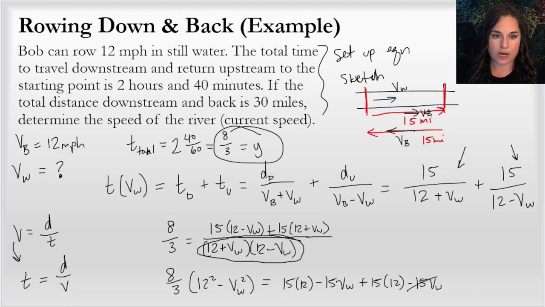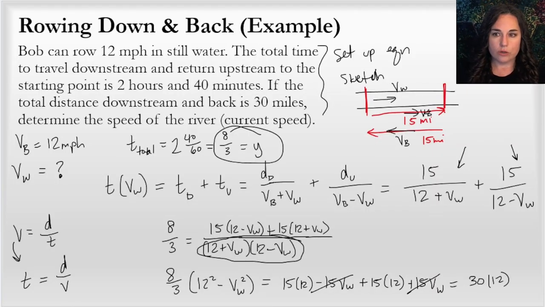Do they cancel? They should cancel. Yeah, this is a plus here. This cancels with this term, and we get 2 times 15 times 12, which is 30 times 12. I'm just going to leave it like this.